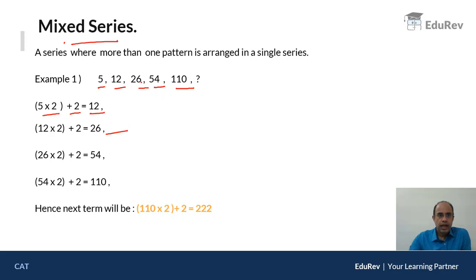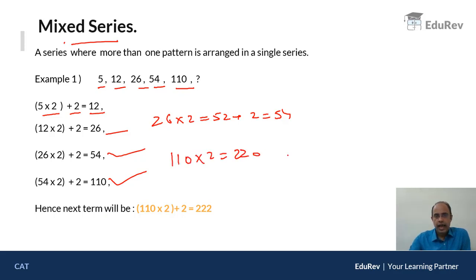So I'm multiplying any term by 2 and adding 2 to get the next number. 26 into 2 is 52, plus 2 gives 54. 54 twos are 108, plus 2 gives 110. Therefore, the next missing term would be 110 into 2, which is 220, plus 2 gives 222. Hence, the answer is 222.